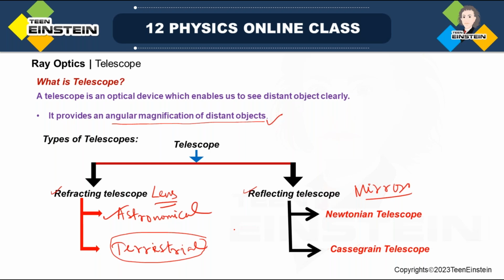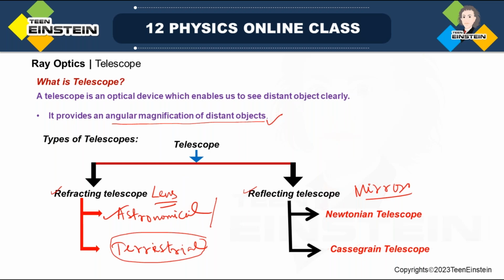For the sake of time we have discussed the astronomical telescope, because the terrestrial one is not in the syllabus. Astronomical telescopes are those used to see heavenly or astronomical objects. Basically, in scientific research they are used to see planets, stars and other cosmic objects.